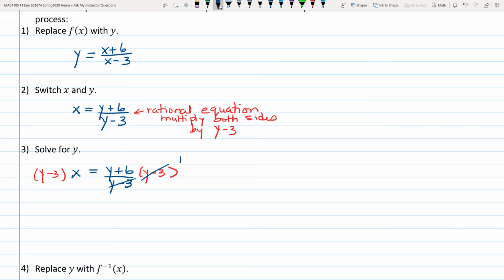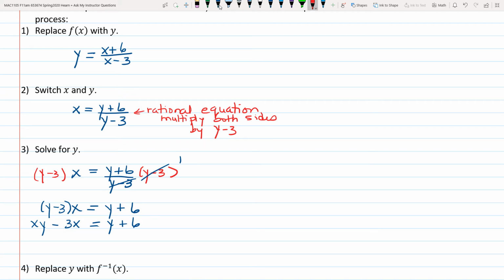So on the left, we have (y - 3) times x, and on the right, we just have y + 6. Now we have parentheses, so we're going to distribute through those parentheses, and we're going to get xy - 3x equals y + 6. Whenever you're solving for one variable in terms of another, what you want to do is get any terms that have the variable you're looking for on one side and all the other terms to the other.